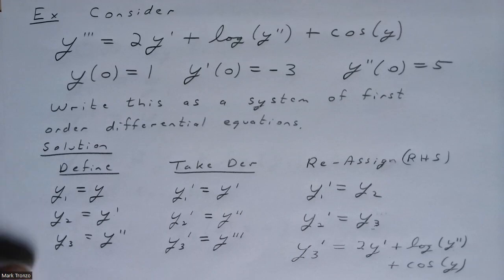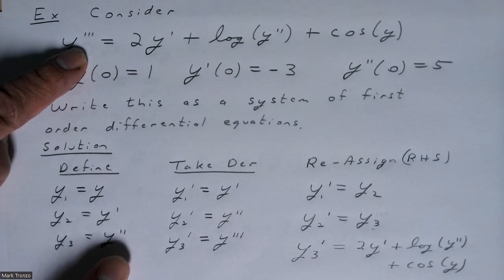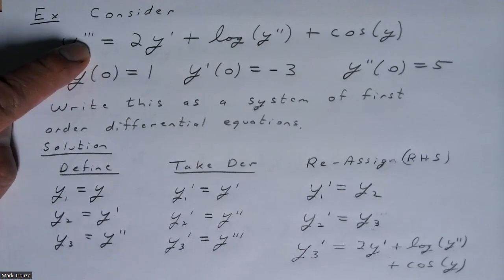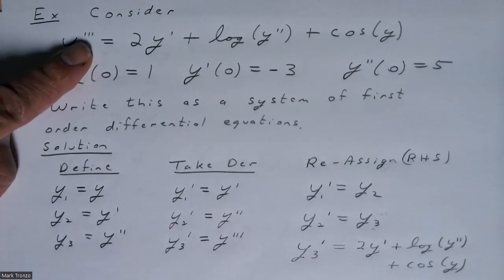Define up to the highest derivative minus 1, define y1, y2, y3. If this was the 6th derivative of y on the left, we would go all the way up to 6 here. Y6 would be equal to the derivative of y to the 5th.